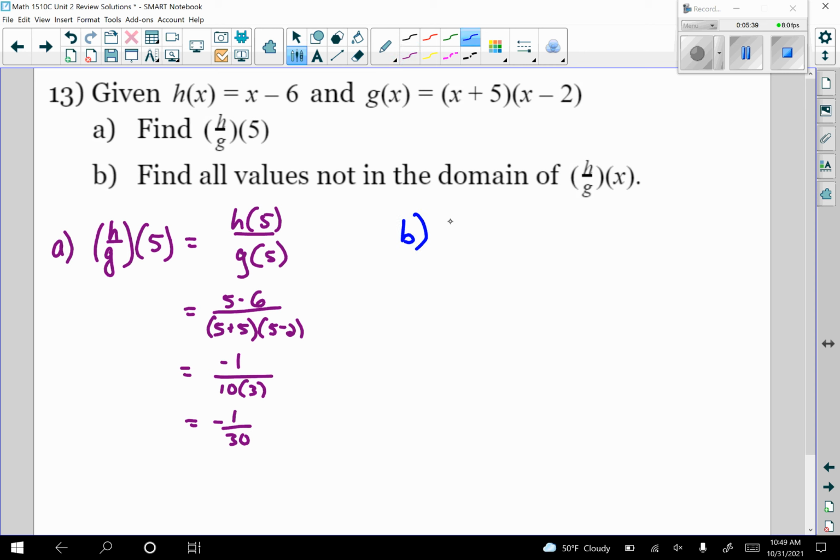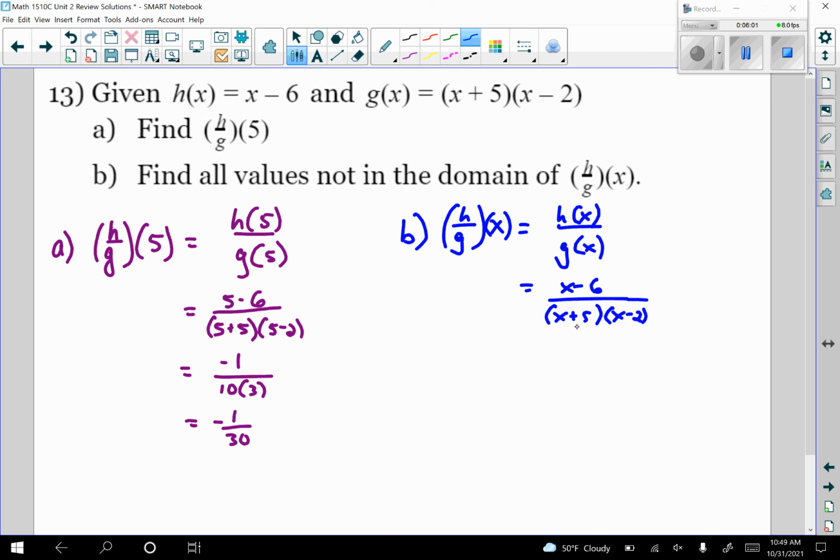For b, find all values not in the domain of h divided by g of x. So again, this just becomes h of x over g of x, which is x minus 6 over x plus 5 times x minus 2. We multiply together.